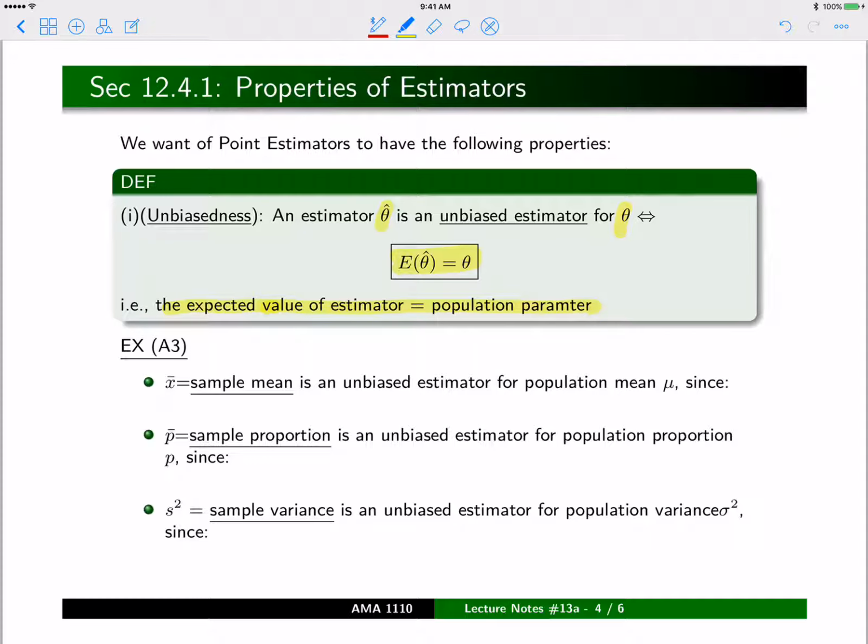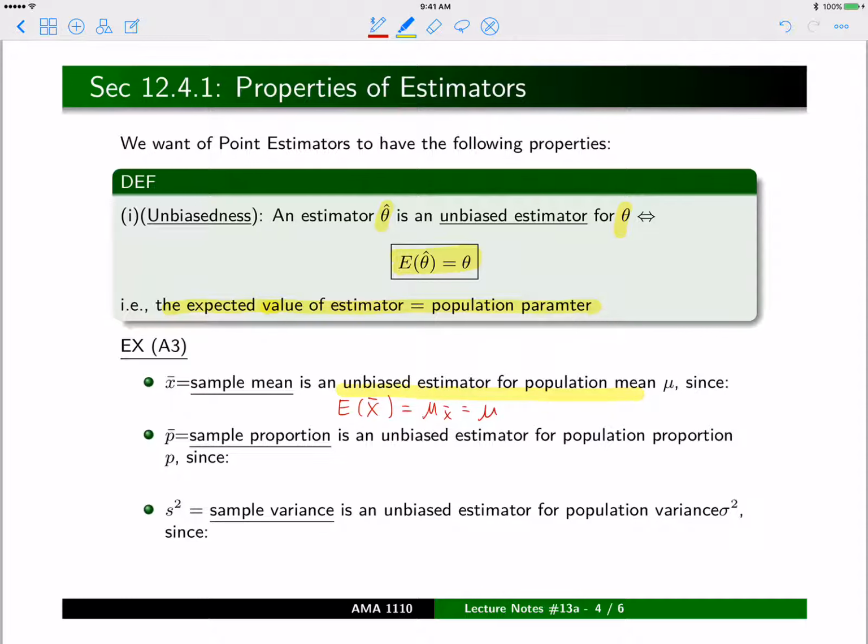For example, we know that the expectation of the sample mean distribution is just going to be the mean of the population. So the sample mean is an unbiased estimate for the population mean.